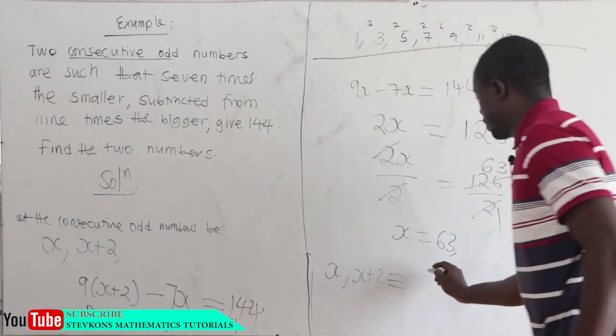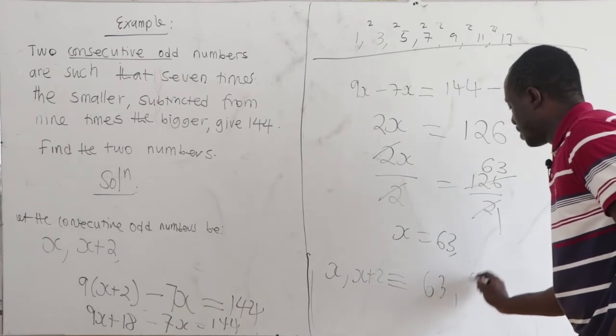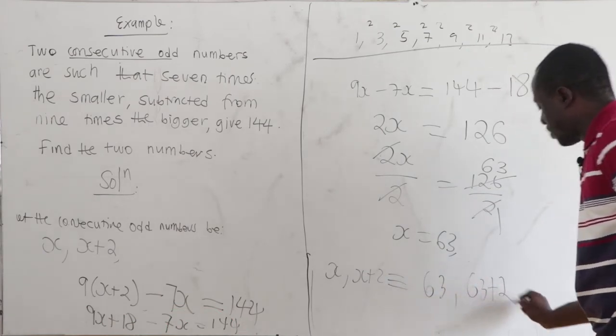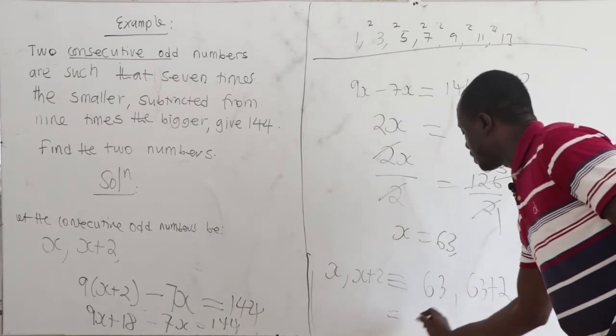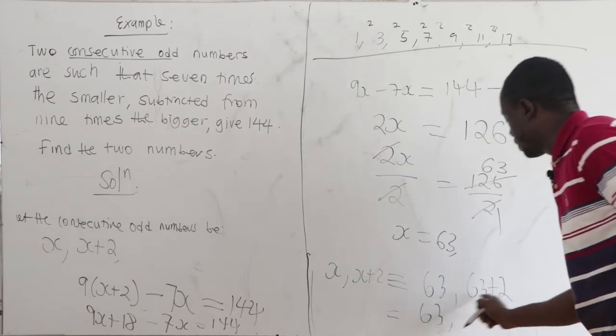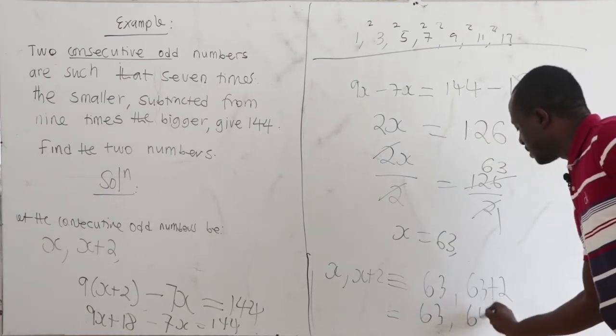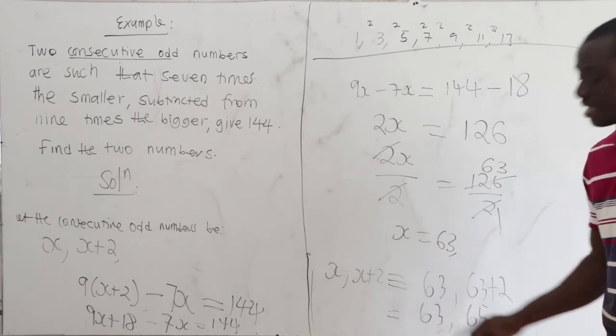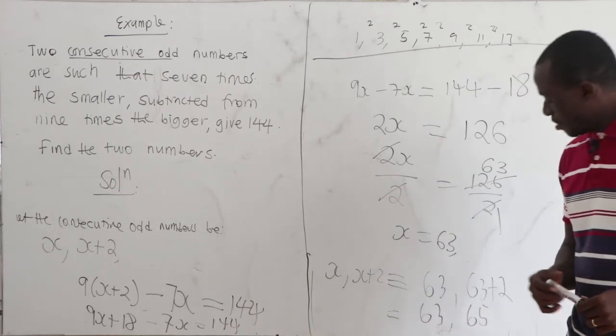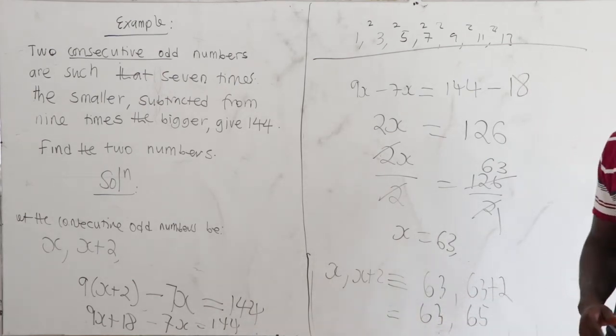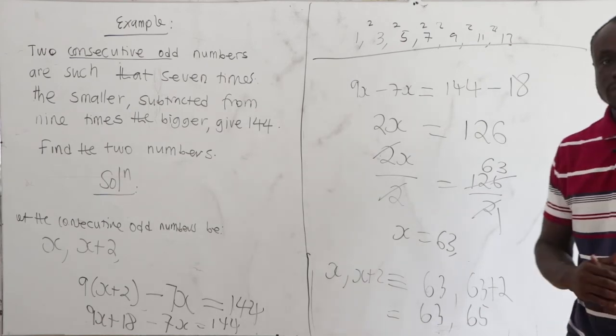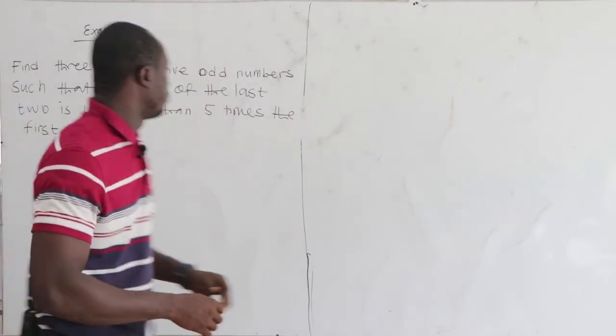Hence, the numbers are 63 and 63 plus 2, that is 65. And these are the consecutive odd numbers, following continuously.